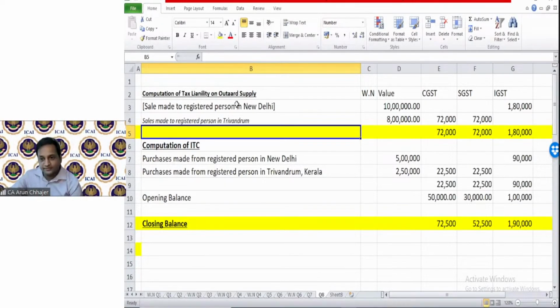Give me the answer, in which head I need to pay in cash. And then also tell me how much amount. Janvi, how much amount?